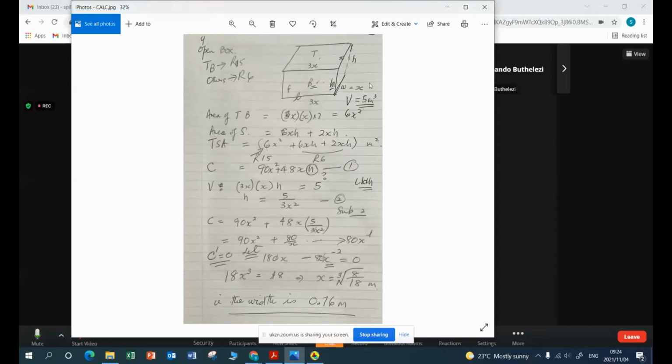There's a diagram. If it's a closed box, it has a top and a bottom. This is the front, and there's the back of the box and the sides. Now, this box is made up of six rectangles. The top and bottom are identical, the front and back, and the sides.